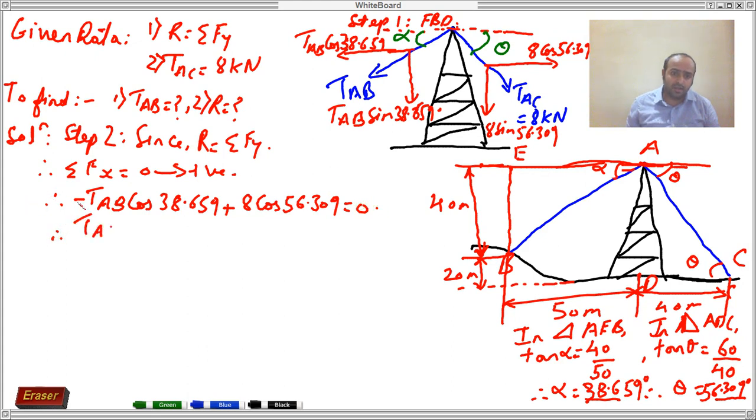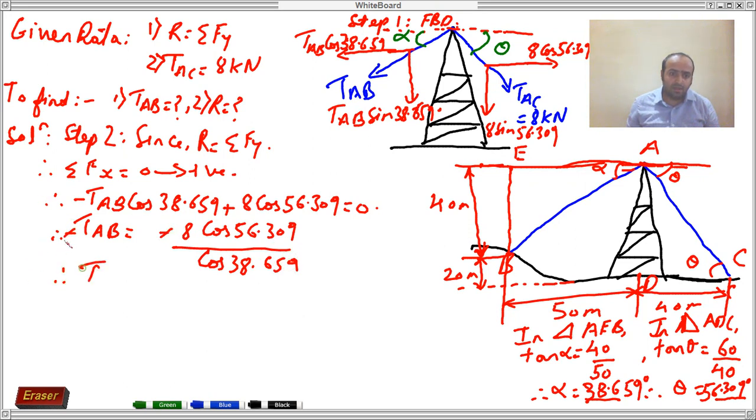Therefore, TAB is equal to minus 8 cos of 56.309, taking it to the other side of equal to, divided by cos of 38.659. So friends, minus and minus would get cancelled out, and therefore TAB, the value we will be getting in terms of kilonewton.